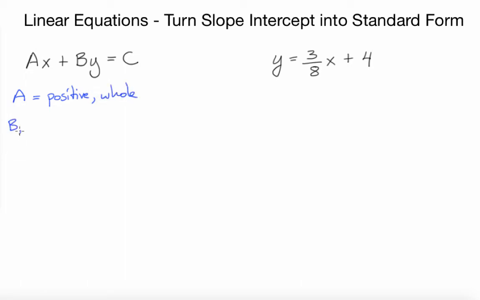For b and c, they just have to be integers, which means they could be negative or positive, but they have to be whole. There's no fractions or decimals. And then for a, b, and c, they have to be in lowest terms, no common factors between them.